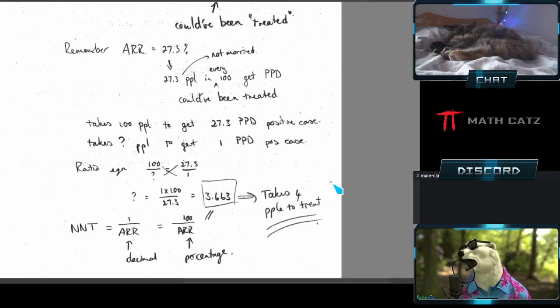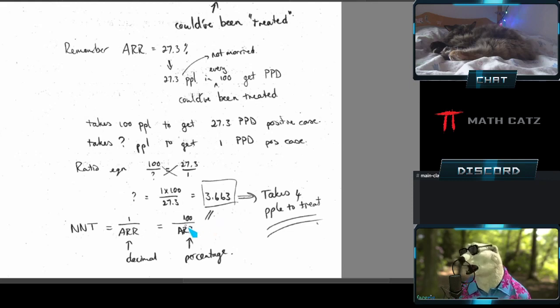So that's a whole thing just to justify where this calculation comes from. You can see here it's always going to be 1 over the decimal version of the absolute risk reduction, the 27.3, or it's always going to be 100 divided by the percentage version of the absolute risk reduction. I like to work with percentages because they just feel nicer, but I do have a short calculation, 100 over ARR, to calculate the number needed to treat.